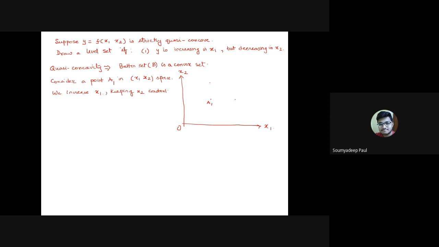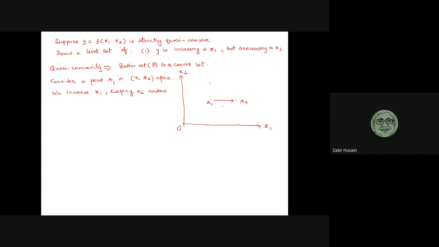So parallel to the x-axis. Okay, so one is this, and Tamang is suggesting this point. What happens if you move up like this? Sir, x2 is increasing in that case. X2 is increasing, so we are moving from A1 to A2.